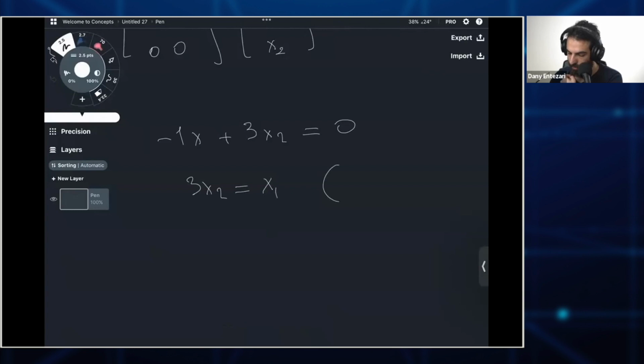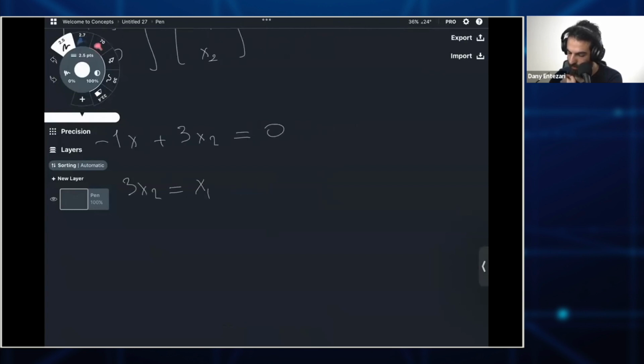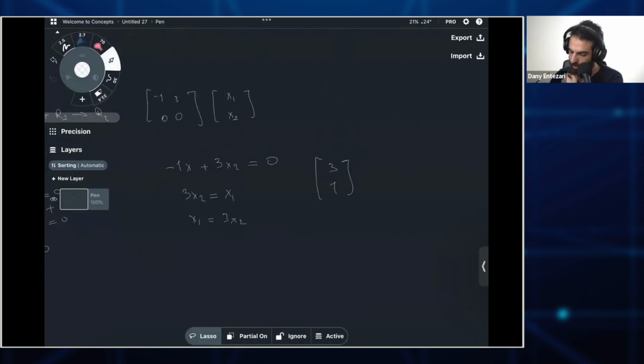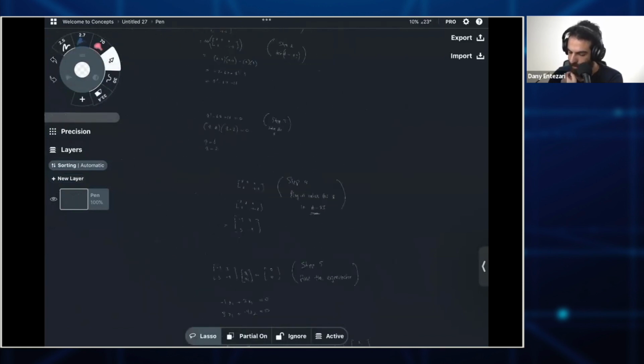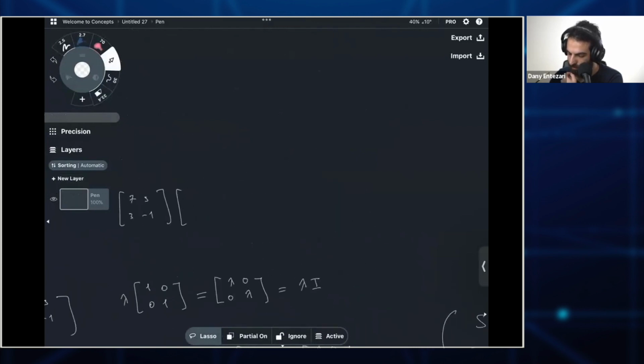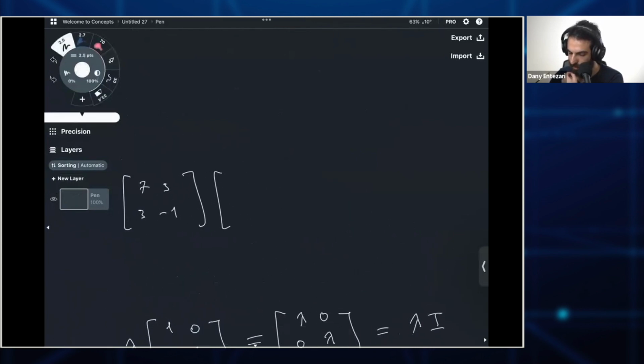So here we have our vector. x sub 1 is equal to 3, right? If we swap the orders, we get 3 x sub 2. Anyway, this is the correct eigenvector. Come back up here. We will have 3, so x sub 1, x sub 2.